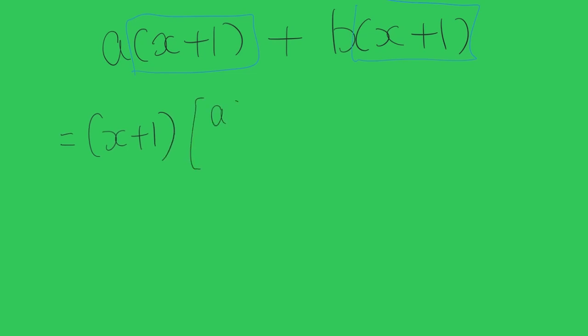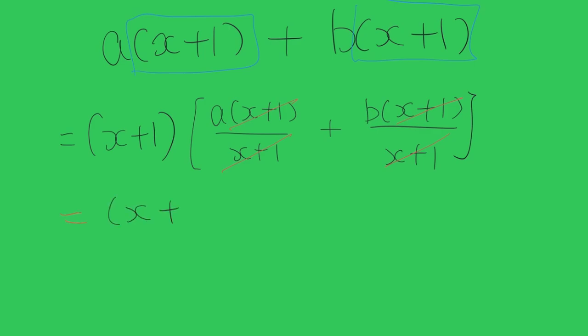Imagine you got a times x plus 1 divided by x plus 1, now add b times x plus 1 divided by x plus 1. In this case, obviously, you can cancel them, which results in 1. Therefore, you have x plus 1, and then you got a plus b for the second factor. So it is very straightforward.